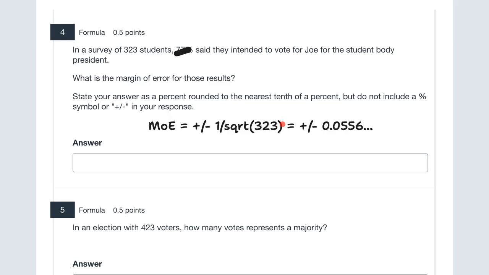And this is the decimal. So we need to change that to a percent by moving the decimal point 2 spots. So that means our margin of error is equal to plus or minus 5.56%.